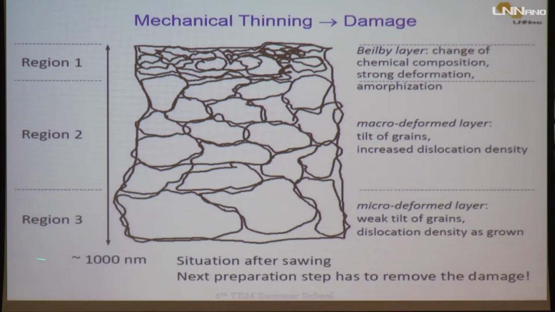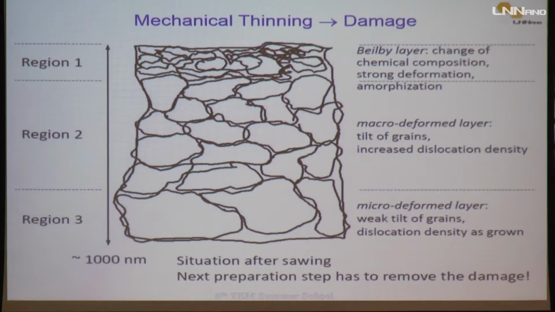Okay, and now here you have a third region where you have, let's call it, a micro deformed layer, where you have a weak tilt of your grains and a small growth of dislocation density. Okay, this damage that was caused by the mechanical thinning is about 1 micrometer in depth in your material.